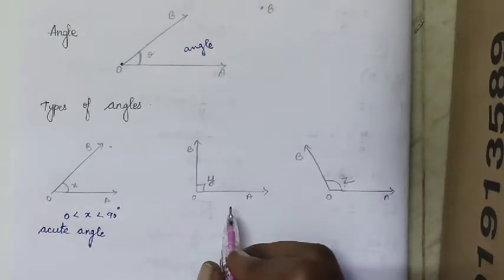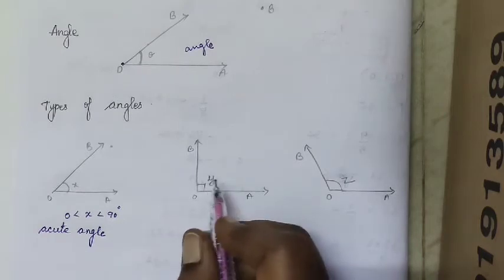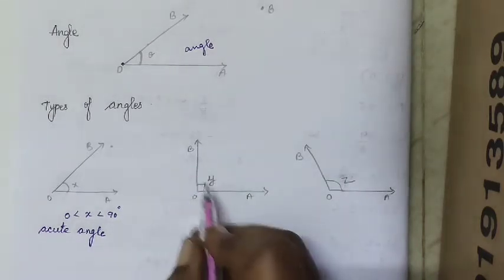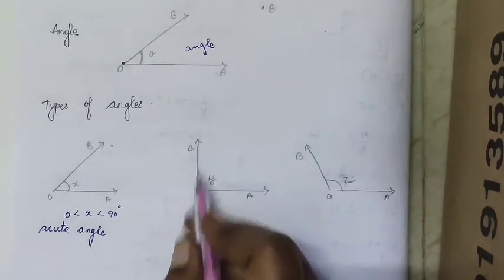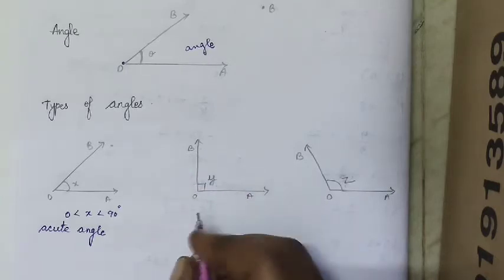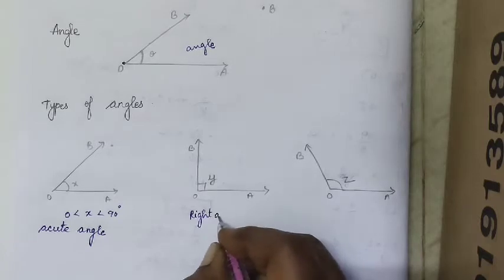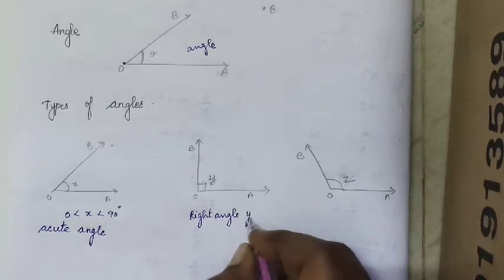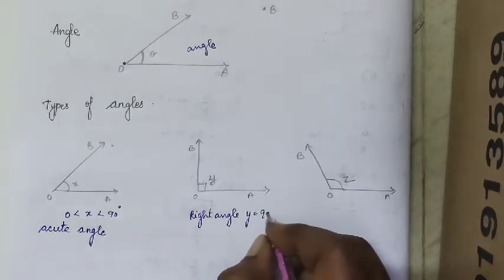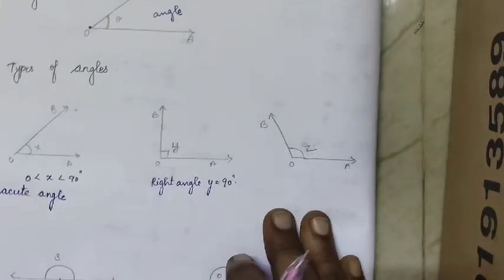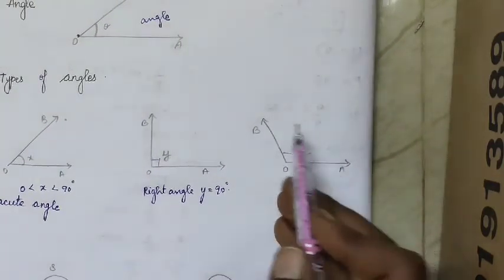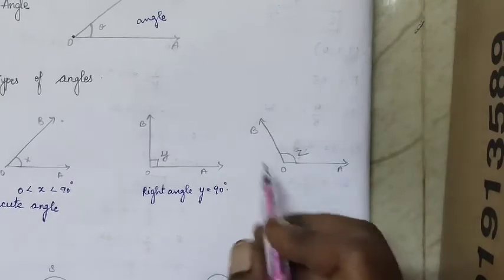Now next one, it makes the angle 90 degrees. If we measure, OB ray stands on the line at 90 degrees, therefore the second angle y is a right angle. Right angle y is equal to 90 degrees. Now go for the third one. The OB ray moves still forward here.